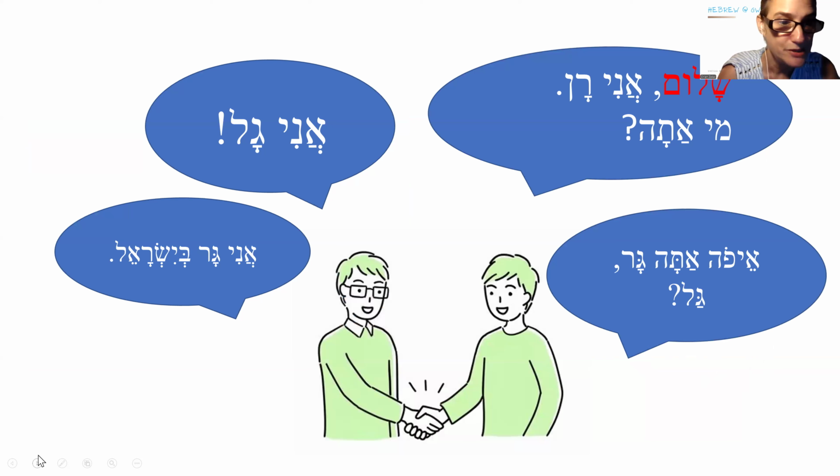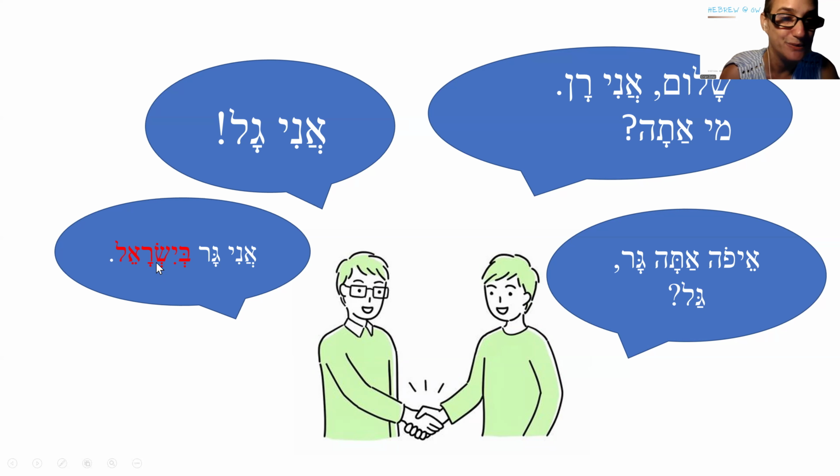Okay, let's read a little dialogue. So, שלום, אני רן. מי אתה? אני גל. איפה אתה גר? גל. אני גר בישראל.